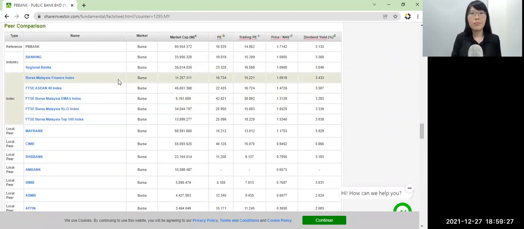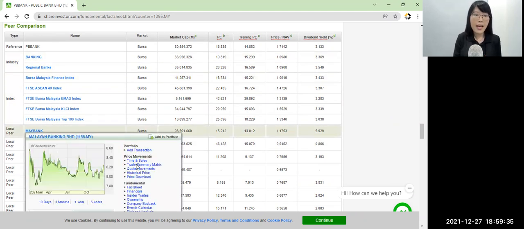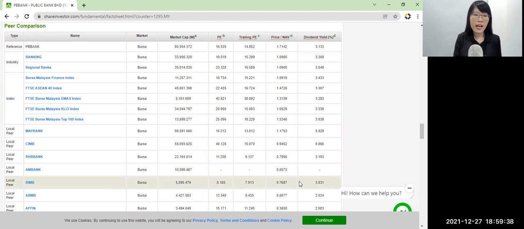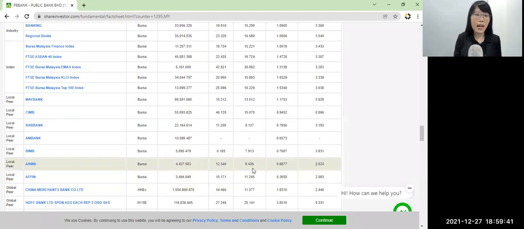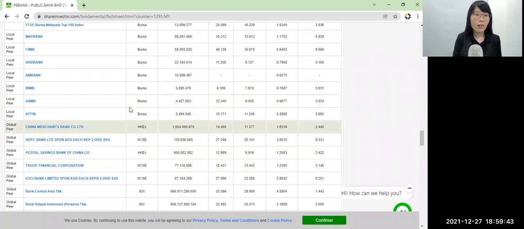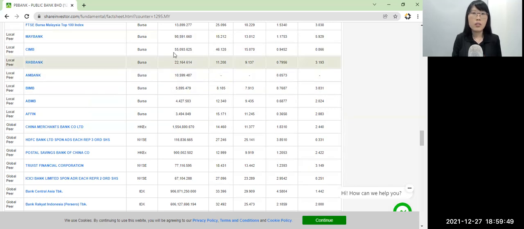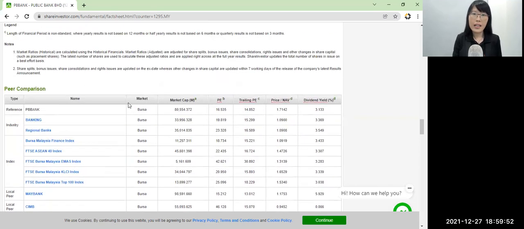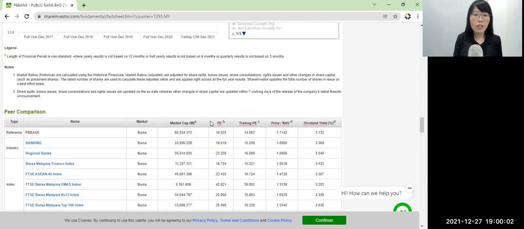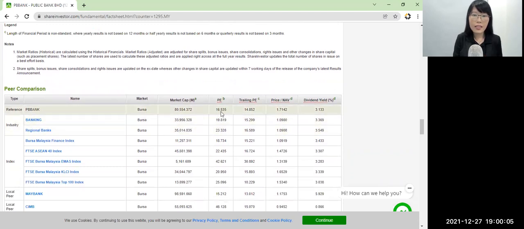So Public Bank is in the banking sector. So you will see its local peers are Maybank, CIMB Bank, RHB Bank, MBSB, BIMB, AmBank, Affin Bank. Okay, a lot of banks here. So you can see that for the banking industry, the PE is around 19 times, while Public Bank's PE now is already 16 times.